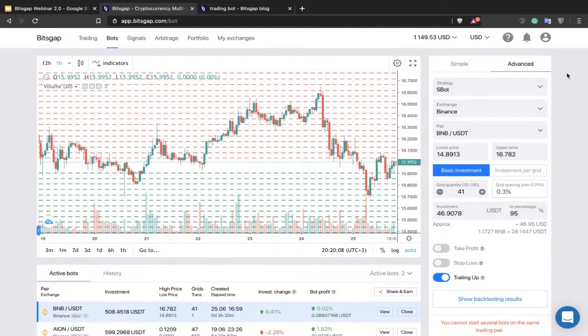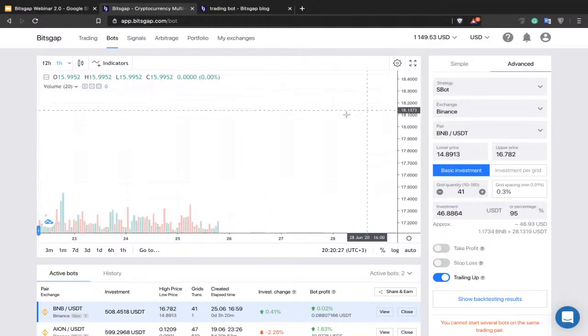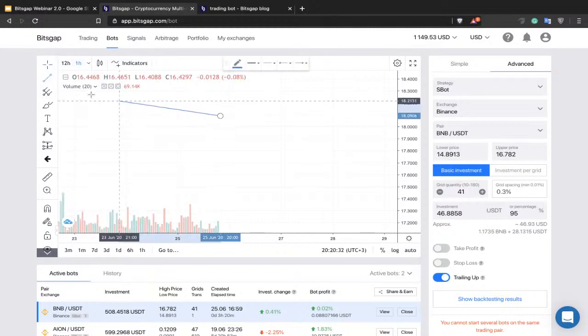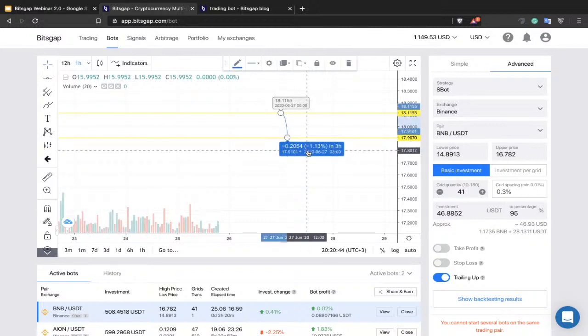So for the short-term trade, what is the grid spacing that you recommend? So you're asking, well, as I said, the narrower your grid spacing, the more opportunities you provide for the bot to trade. Because clearly, let's assume that these are our grid levels and the space between them is 1%.